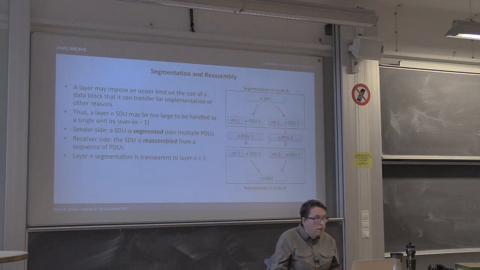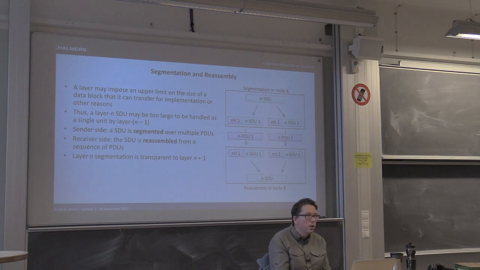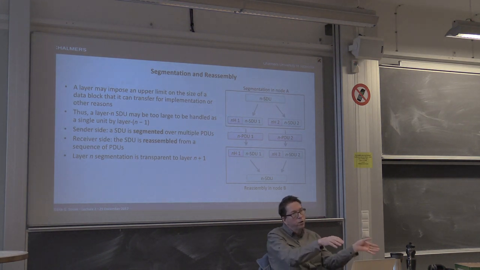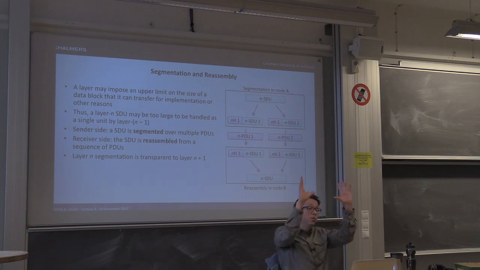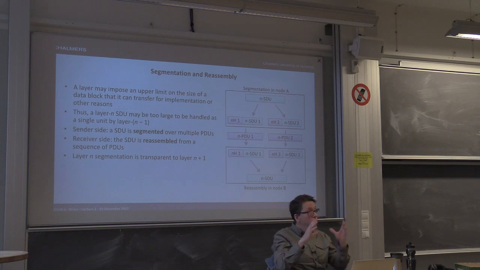Now, to do services, we could provide a service which is connection-oriented or connectionless. That's one thing. Typically, each protocol layer also has a maximum number of bits it can transmit as one chunk. So when I receive a service data unit from above, typically I impose a limit to how many bits these could be.